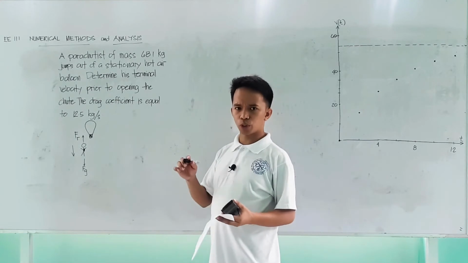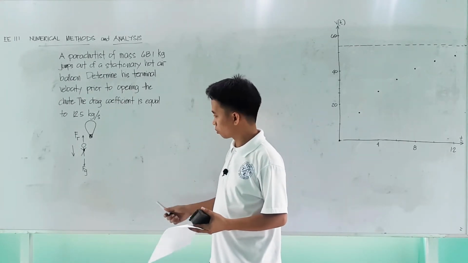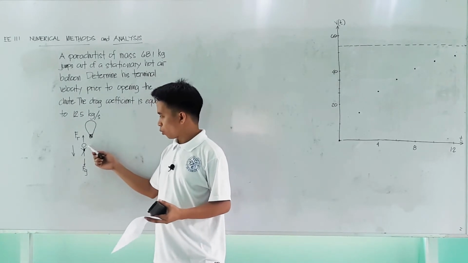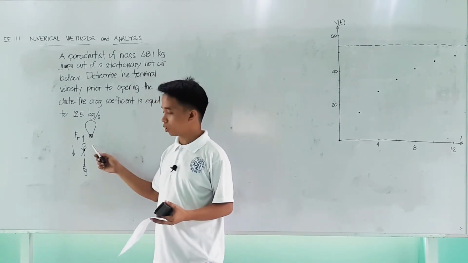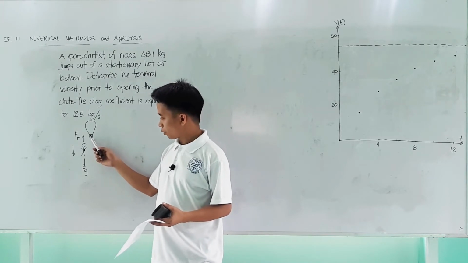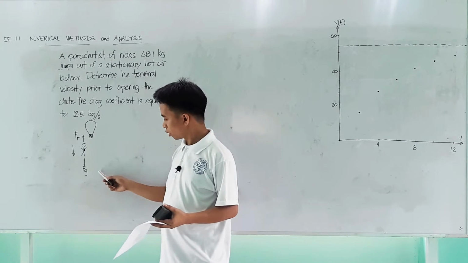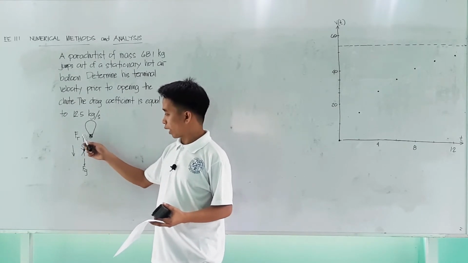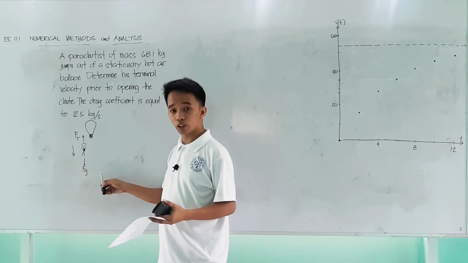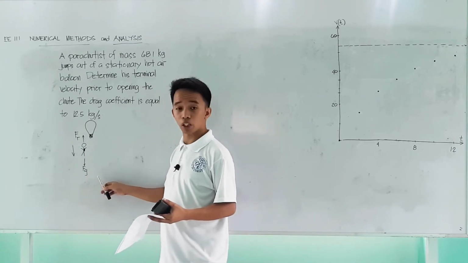Okay, so first, what's the term terminal velocity? We know that when a person or an object is in free fall, his velocity increases until such time that the net force acting on the system is zero, such that his acceleration becomes zero.